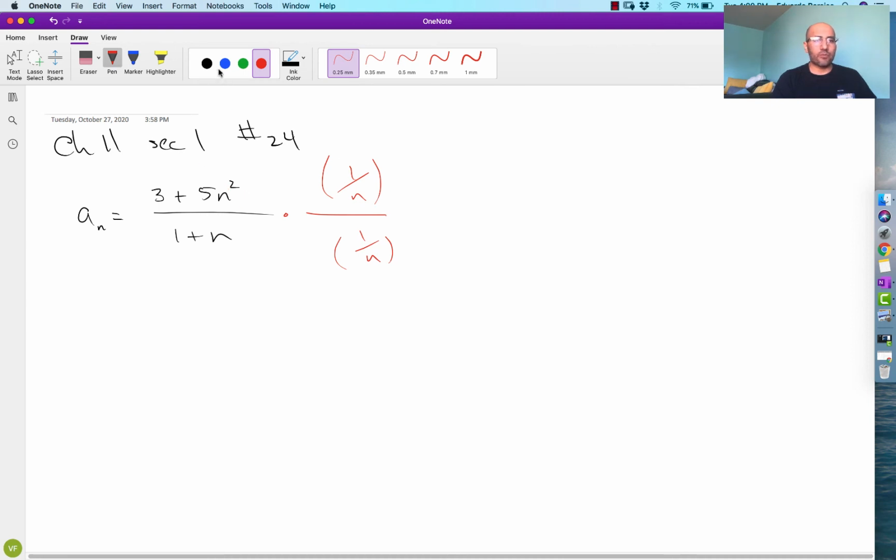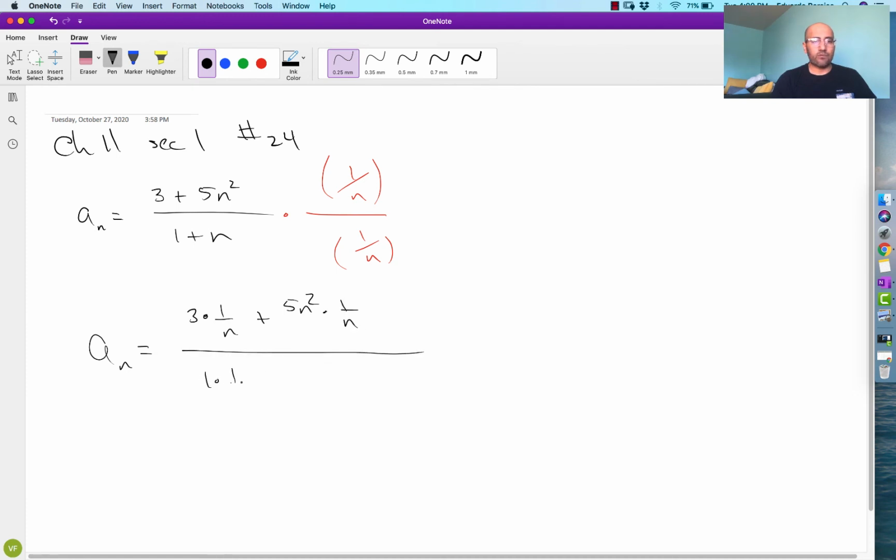And I'm inspired to do that because the biggest power here is n to the power of 1. Okay, and so now if I distribute that, this new sequence will be equal to 3 times 1 over n plus 5n squared times 1 over n, divided by 1 times 1 over n plus n times 1 over n. Okay, n over n will cancel, just giving you 1. We'll still have 1 over n there. Right? So we'll end up with a sub n equals 3 over n plus 5n all over 1 over n plus 1.